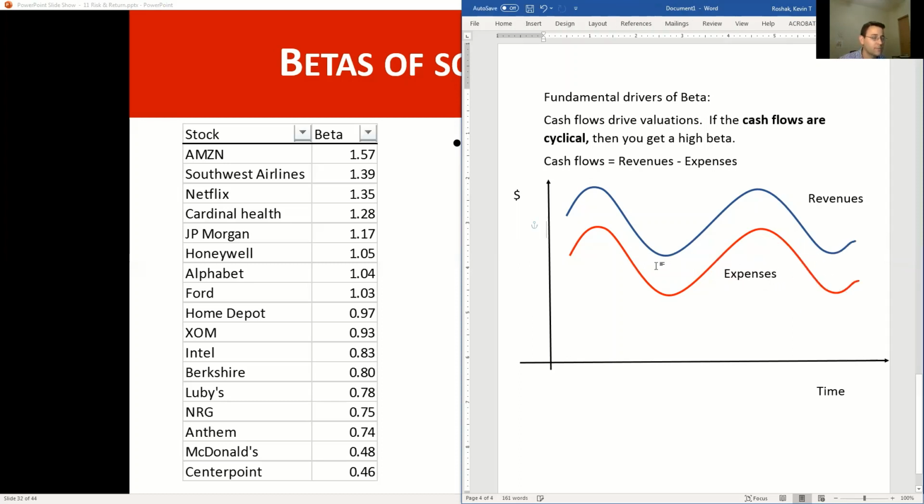What you see is our expenses are moving kind of one for one with our revenues. We're able to scale back our costs when our revenues drop. What's that going to do to our cash flows? Well, in fact, we're going to have very safe cash flows. We're going to have cash flows that are pretty much just constant.